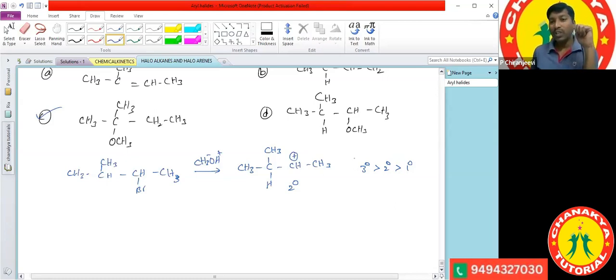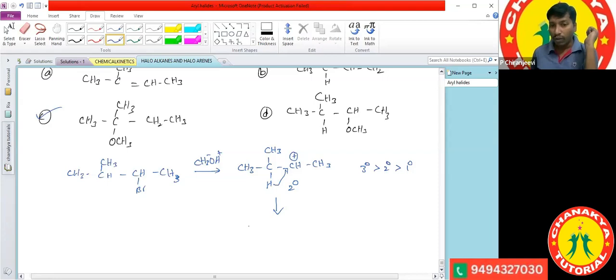In this one, we are doing a nucleophilic substitution reaction. So we have two possibilities. At the secondary carbon also we can substitute the OCH3. The other possibility is we can convert the secondary into tertiary, by a 1,2 shift.